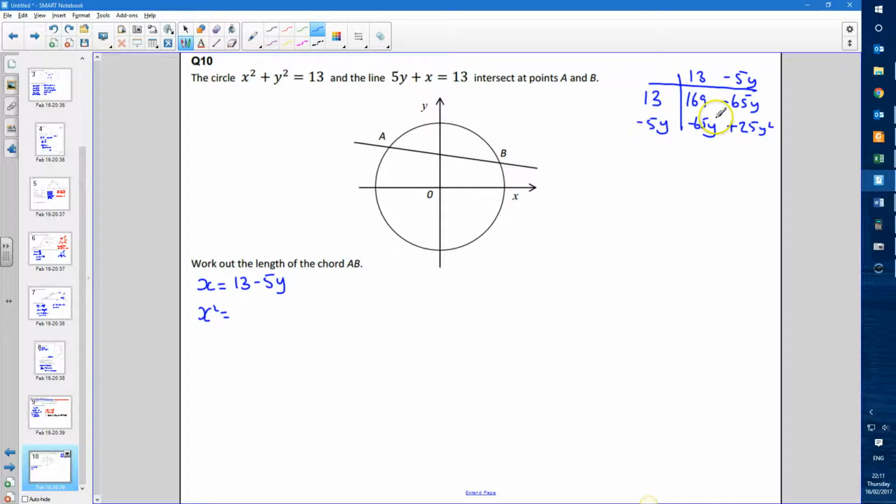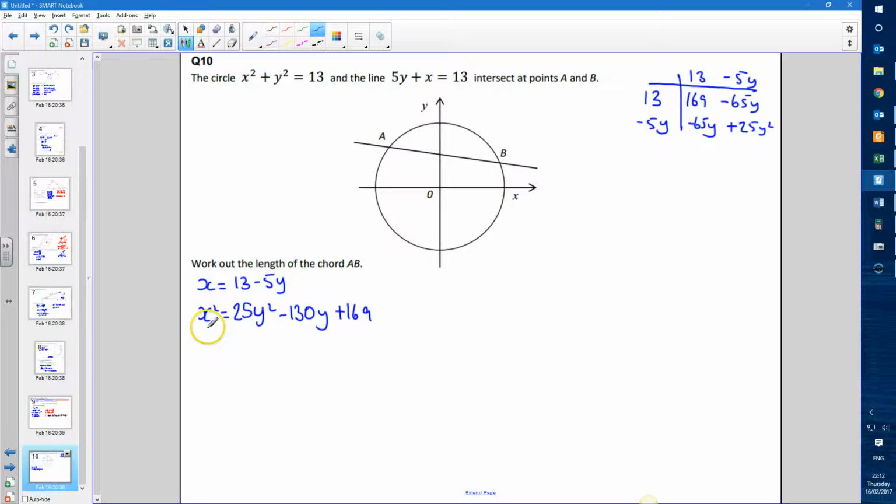So x squared is going to be equal to 25y squared take away 130y plus 169. Okay, so it's just that squared that I've written down over here.